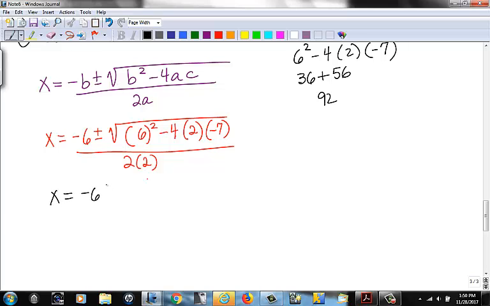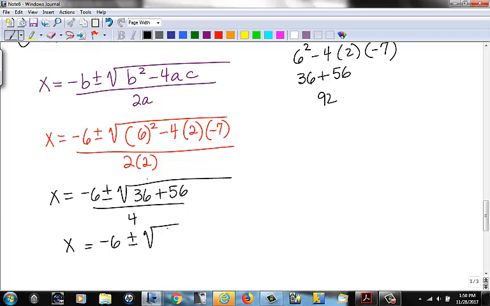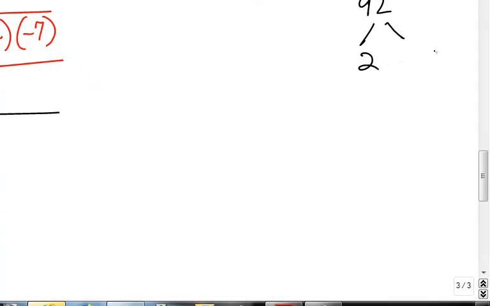So x equals the opposite of 6, plus or minus the square root of 36 plus 56, all over 4. X equals negative 6 plus or minus square root of 92 all over 4. 92, it's even. Divide by 2.